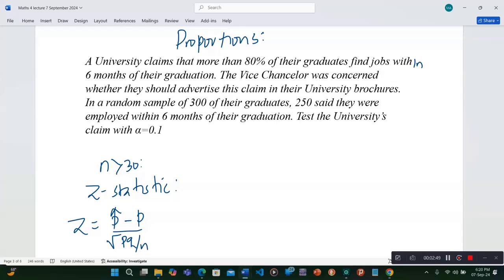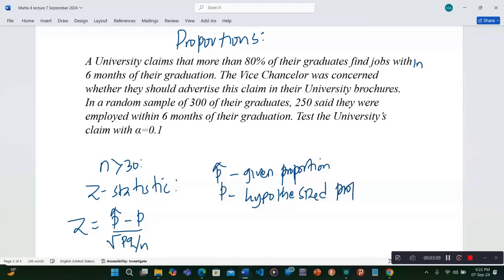So here, this one is the given proportion. P is the hypothesized or the hypothetical proportion, and Q is equal to 1 minus P. That's what we have to understand.